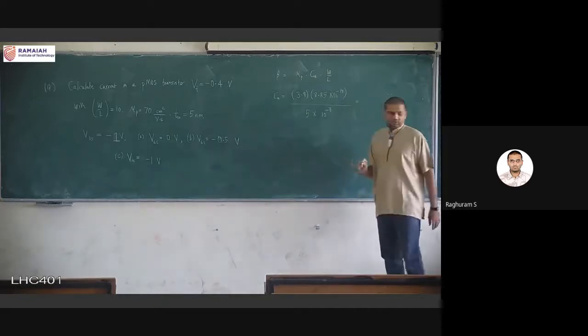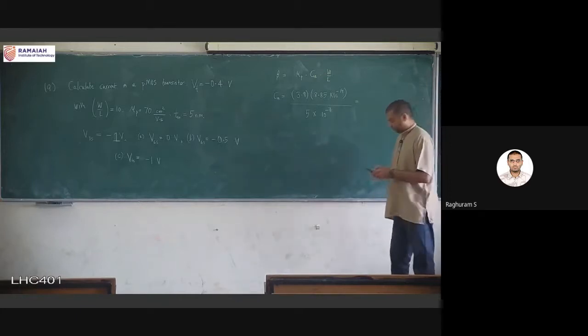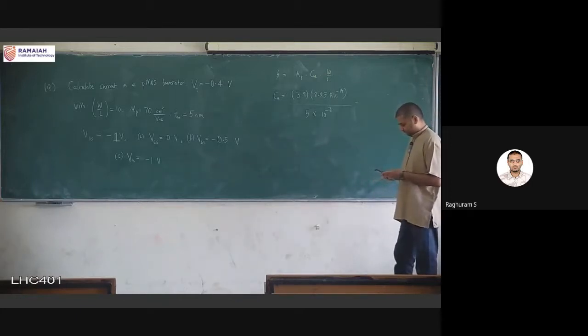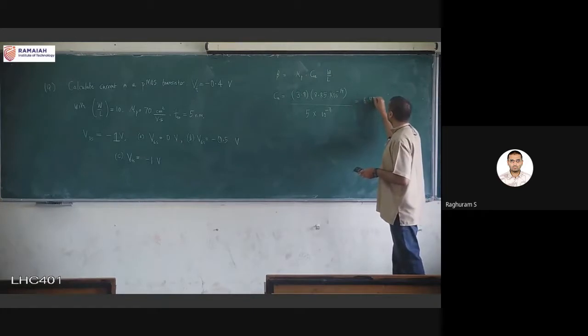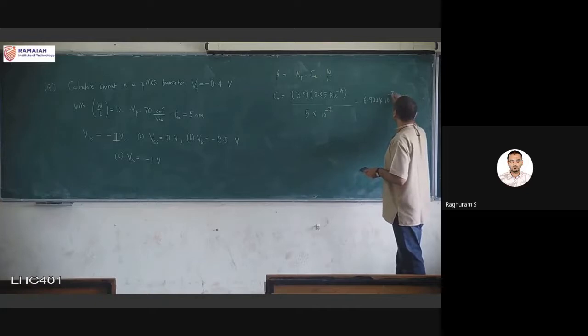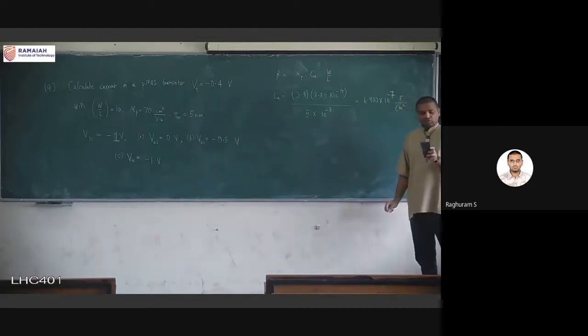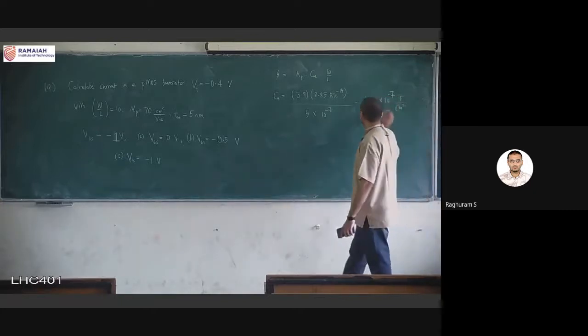If I calculate this, I will get 6.903 into 10 power minus 7 farads per centimeter square. This is the C oxide.